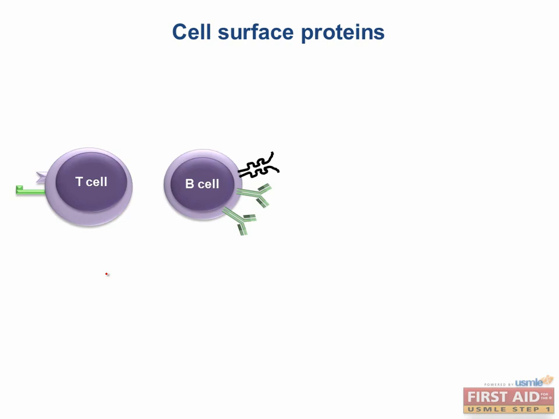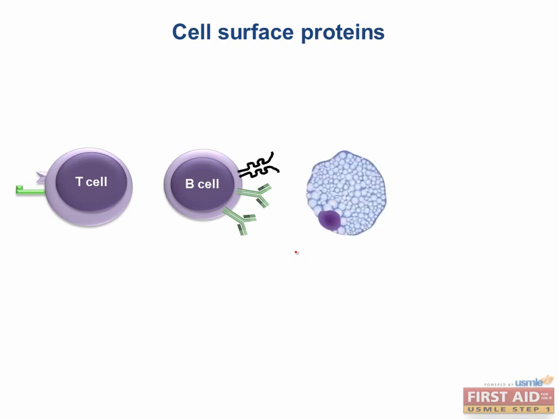Now B cells. So we just mentioned that CD40 was on B cells. We also have immunoglobulins, IgM and IgD are mature. They also have CD19, 20, and 21. That's unique to B cells. Okay. And then they have B7 as well that can complex with the CD28 on T cells.